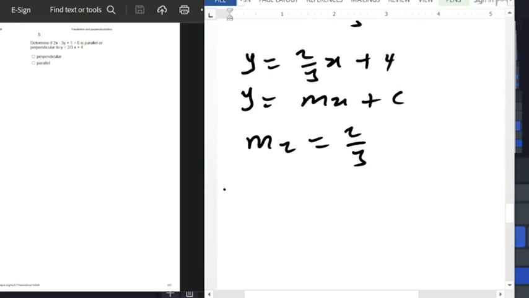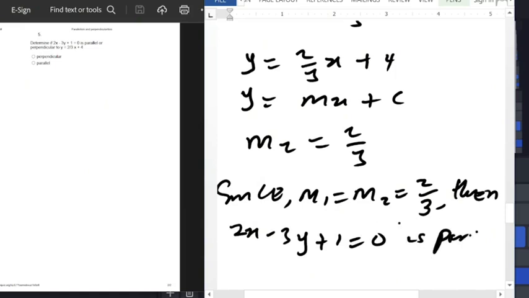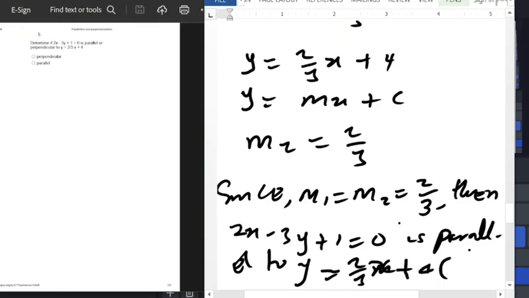So you can conclude that since m1 equals m2 equals 2 over 3, 2x minus 3y plus 1 equals 0 is parallel to y equals 2 over 3x plus 4. So that is option B. They are parallel to each other.